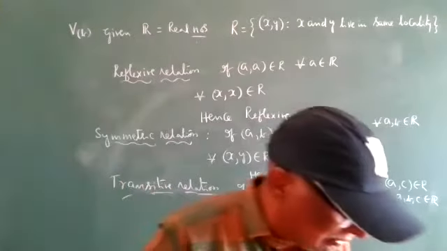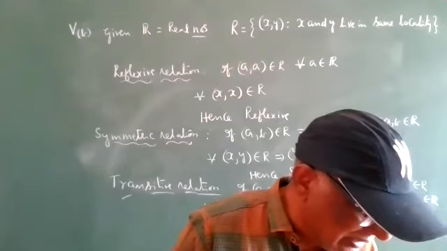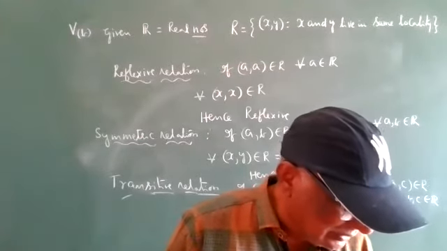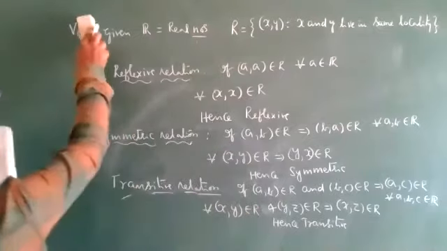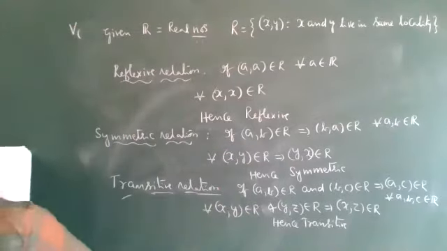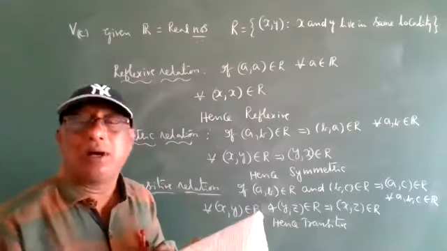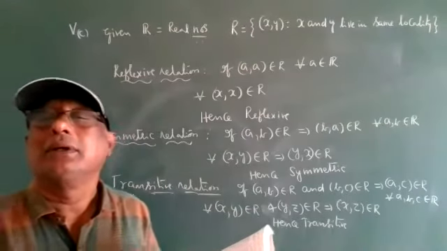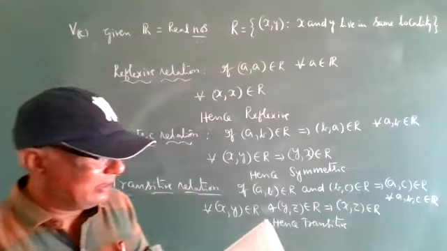Go through the third bit, everyone. The set is the real numbers only. Write down the third bit. R is a relation on the real number set.